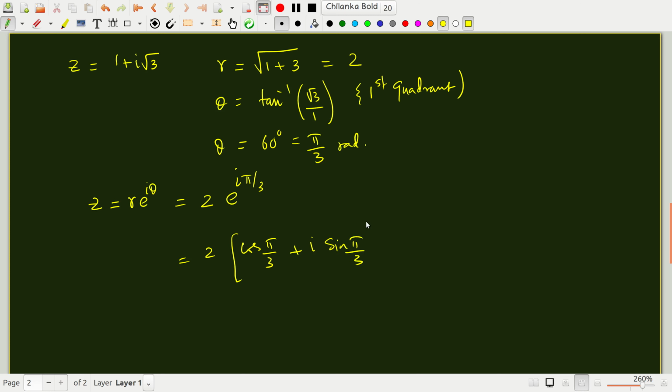And this is 2 times cos pi by 3, which is half, plus I sin pi by 3, which is root 3 by 2. These two will cancel and you will get simply 1 plus I root 3, which is what you originally started off with, right? So this is another very convenient way of writing a complex number: the same z, 1 plus I root 3, can be written as 2e to the I pi by 3.